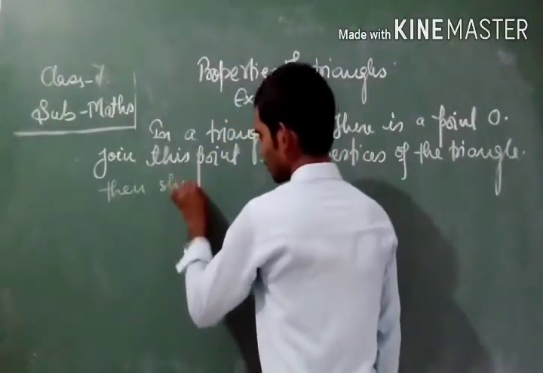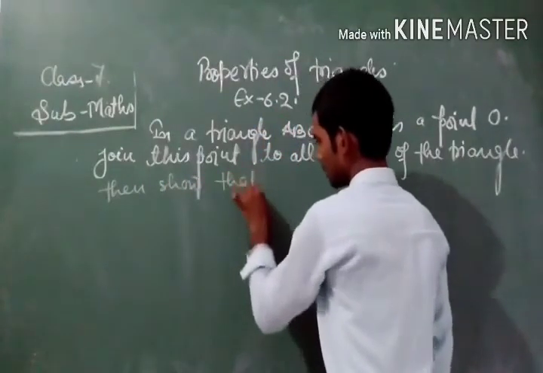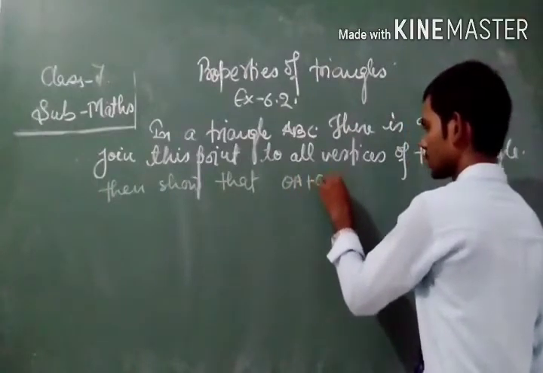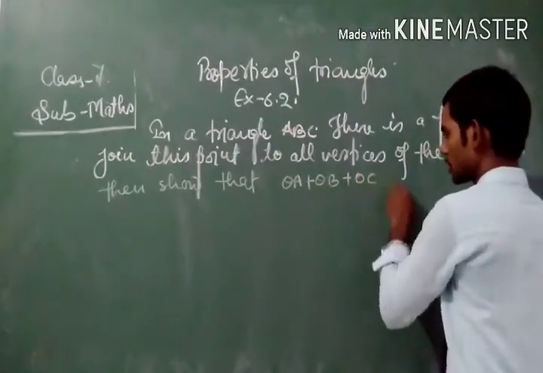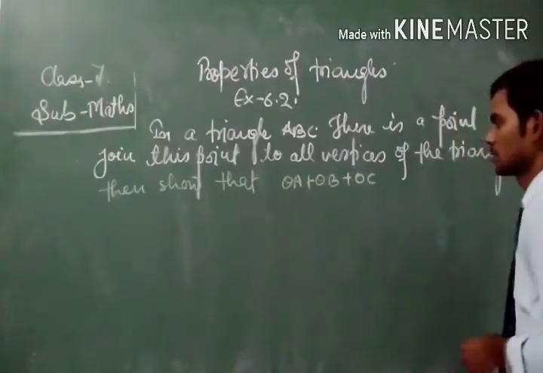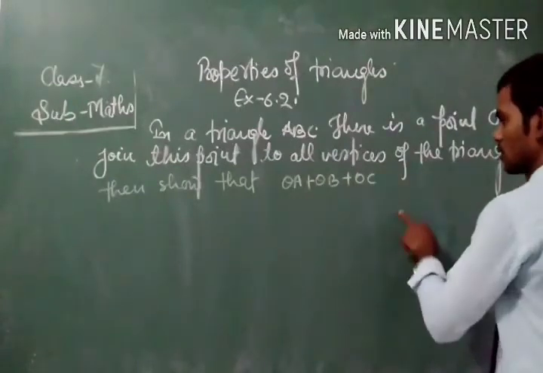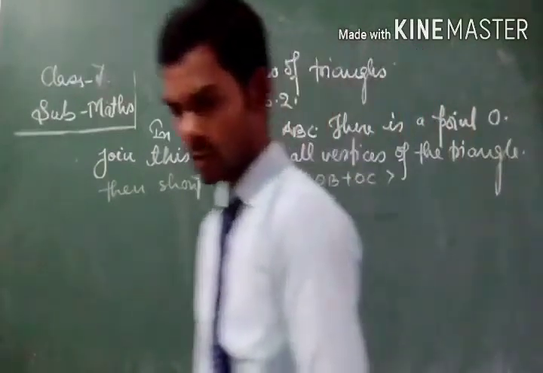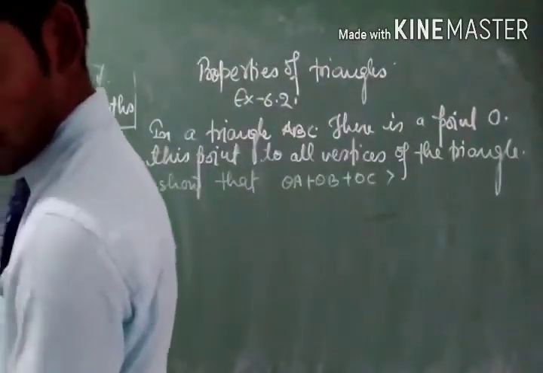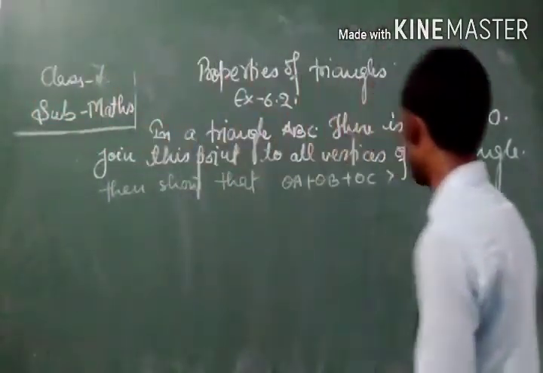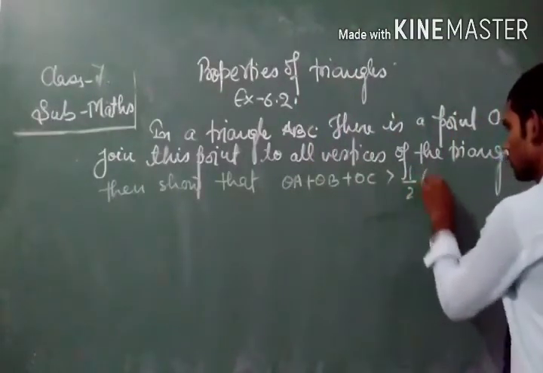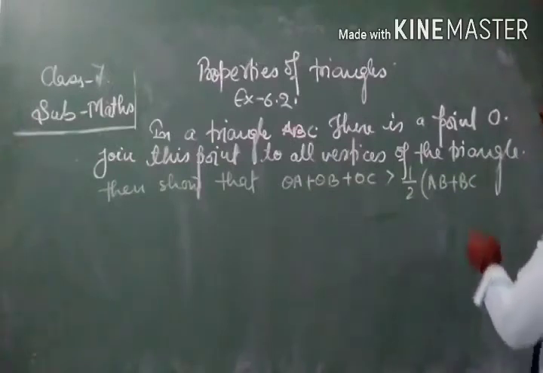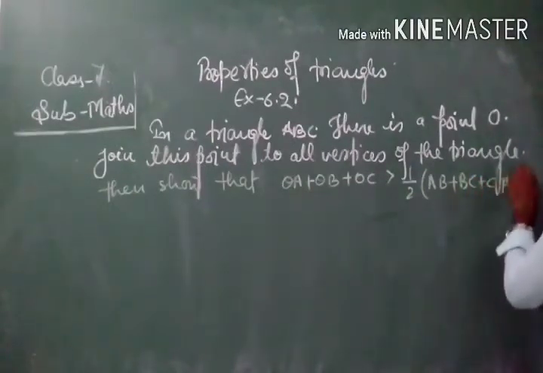Then show that OA plus OB plus OC is greater than 1 upon 2 (AB plus BC plus CA).